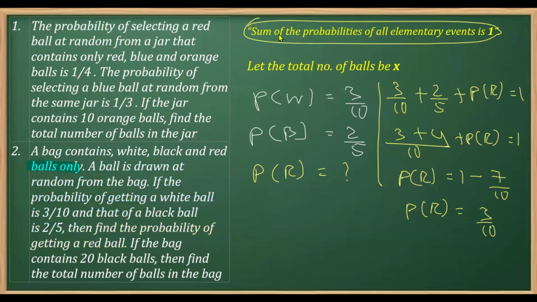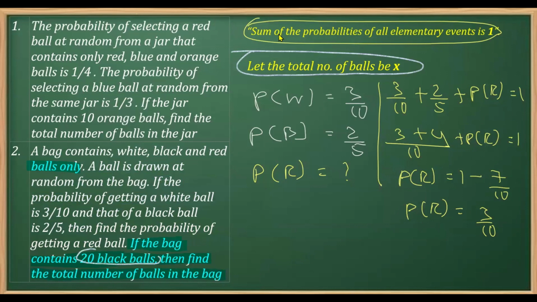Once we have done this, I can see that there is one extended part of this. It says if the bag contains 20 black balls, then find the total number of balls in the bag. Let's continue with the same statement. Let the total number of balls be x.